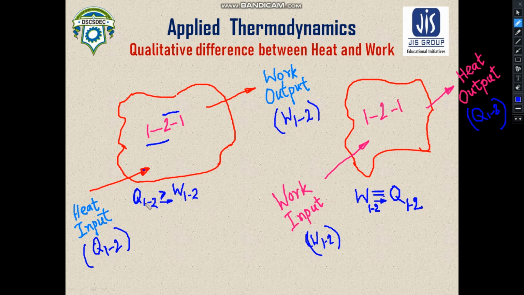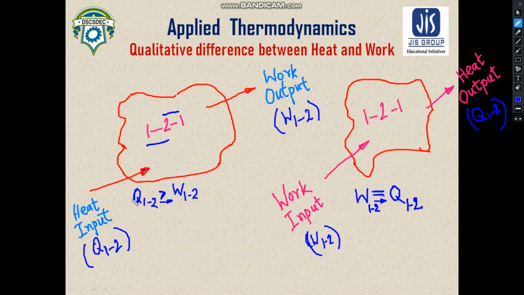That means the heat input which we have provided here is always greater than the work output. That means the heat which we have provided is not completely getting converted into work output. So there is always heat rejection.